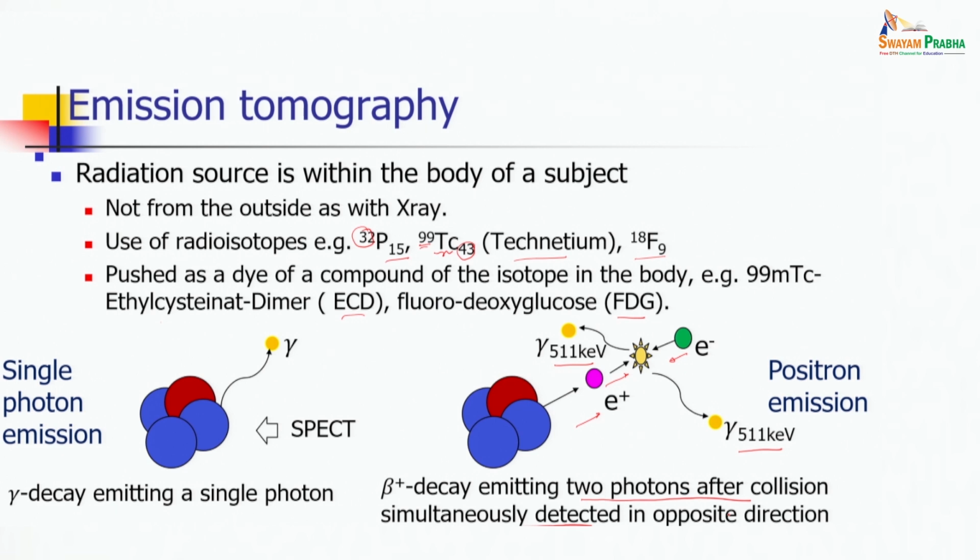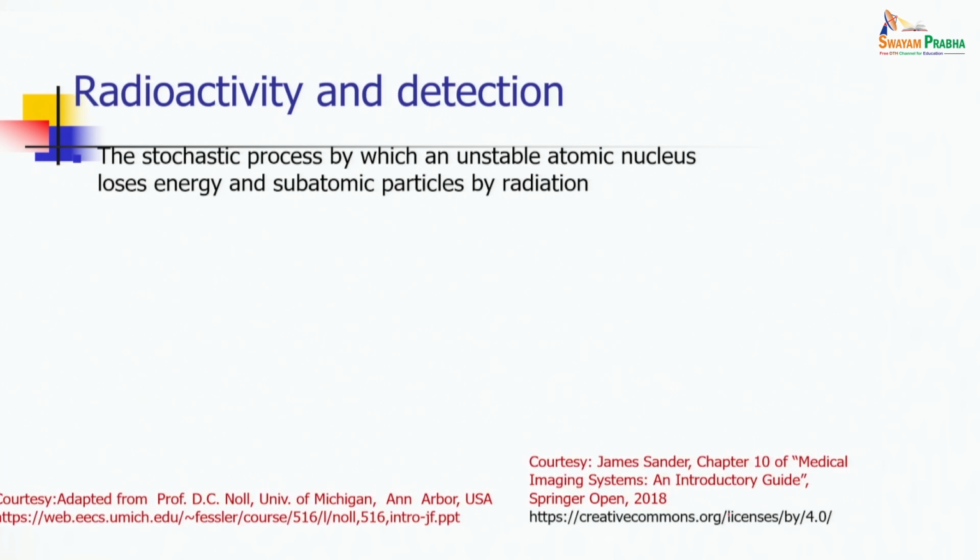The imaging which uses single photon emission is called SPECT, or single photon emission computed tomography. On the other hand, the imaging system which uses positron emission is called PET, or positron emission tomography. And as I mentioned, this is meant for functional imaging for studying biological processes.